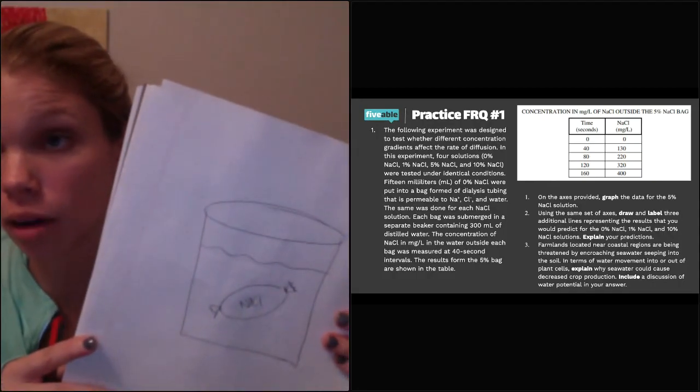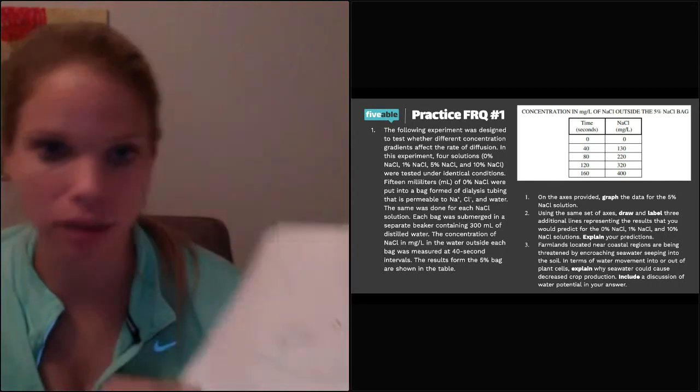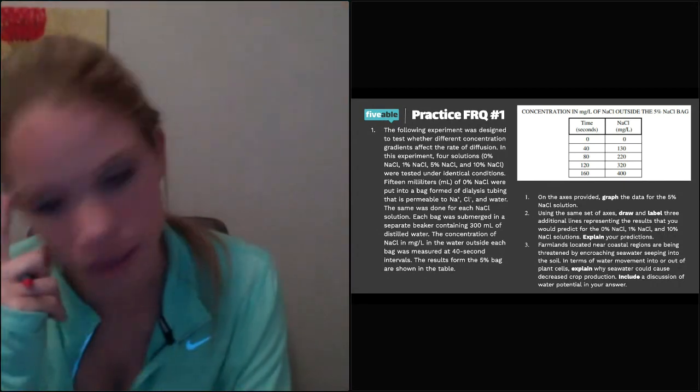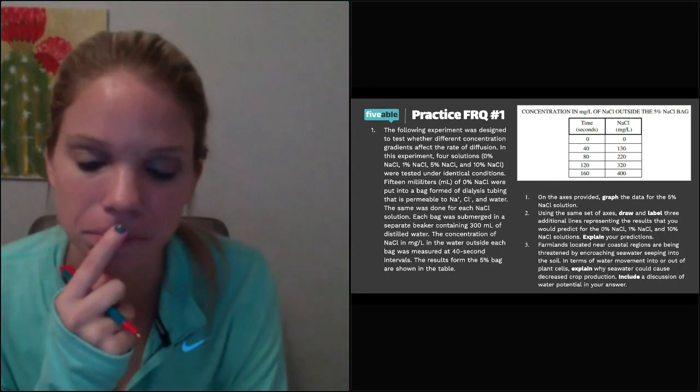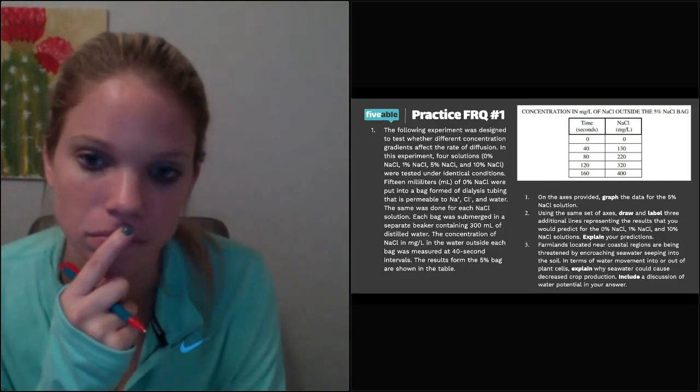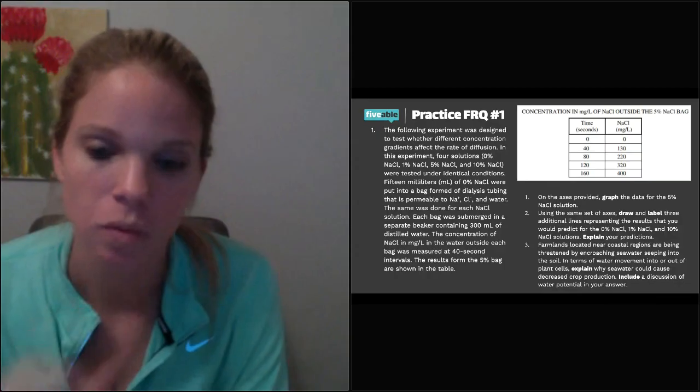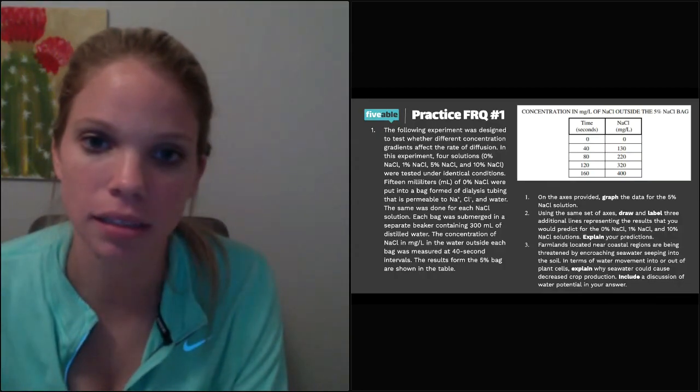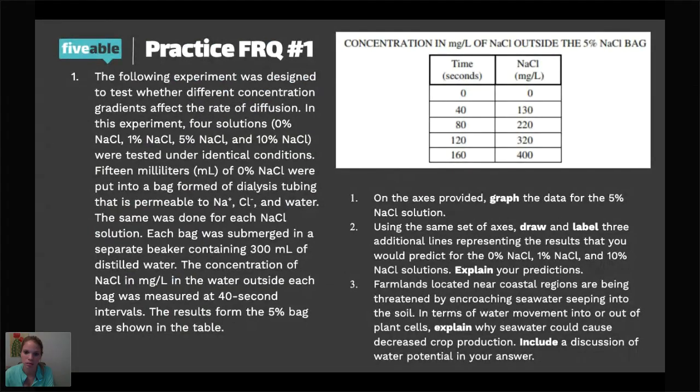Can the NaCl cross the membrane? Read the directions here. Can the NaCl cross the membrane? Yes, very good, because it says here, a bag that is permeable to sodium chloride and water.